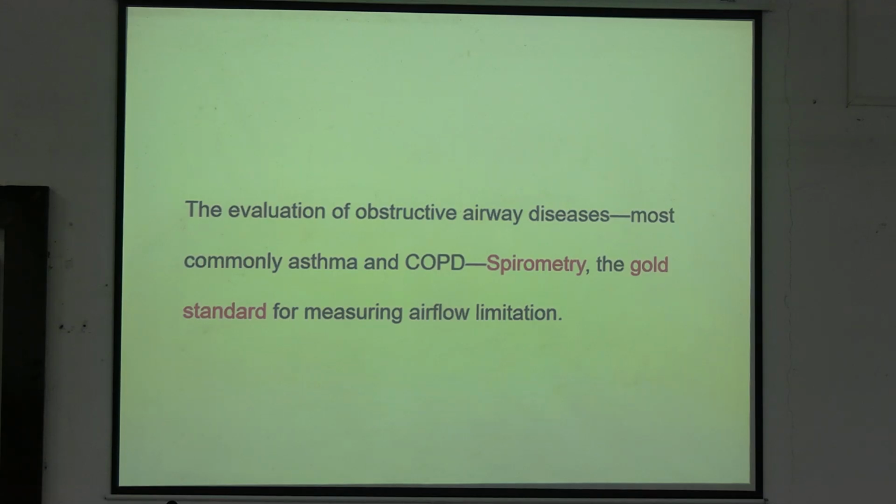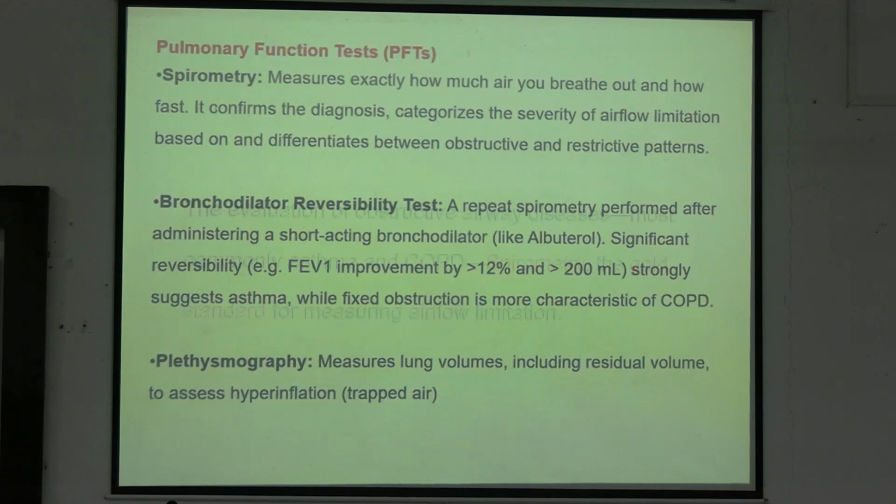Coming to evaluation. The evaluation of obstructive airway disease is mostly by spirometry. This is the gold standard. Pulmonary function test, as I told you in a previous slide, is how we can distinguish between the diseases. It includes spirometry, bronchodilator reversibility test, and plethysmography.